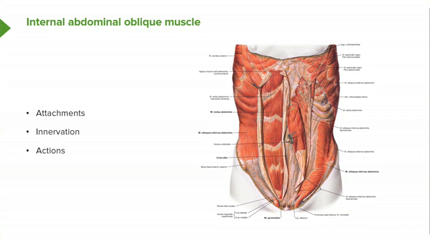This is the same orientation that the internal intercostal muscle fibers have within the thoracic wall. Here, more anteriorly, we can see that the muscle fibers are ending in the aponeurosis of the internal abdominal oblique, and that aponeurosis will extend toward the midline of the anterior abdominal wall and end within the linea alba, and will also contribute to the formation of the rectus sheath.